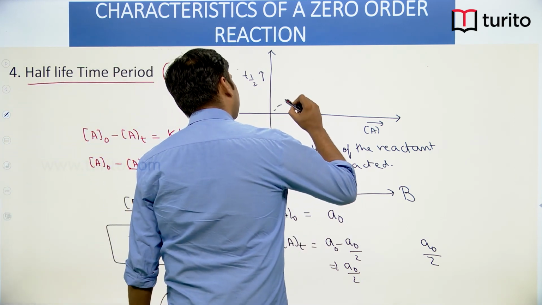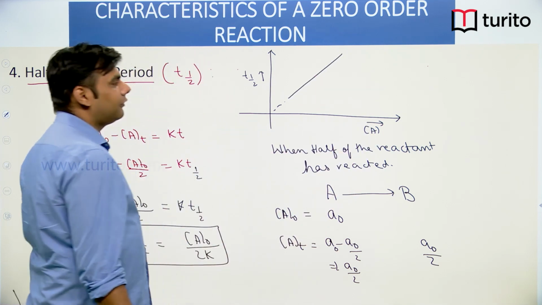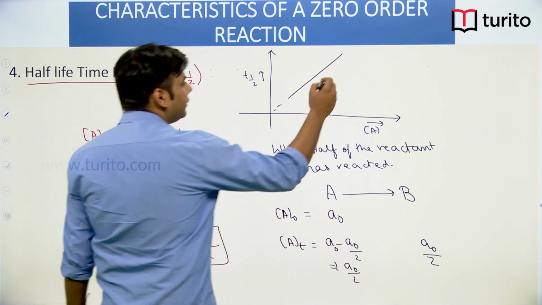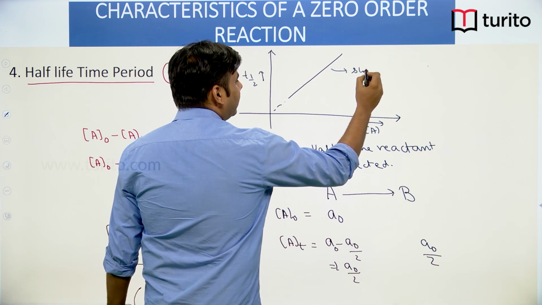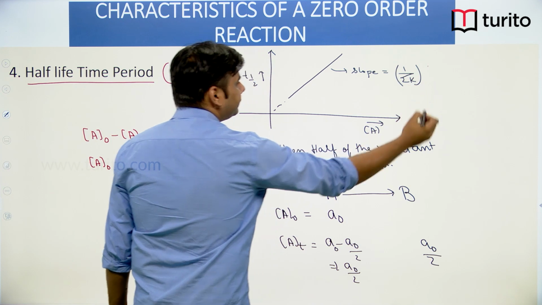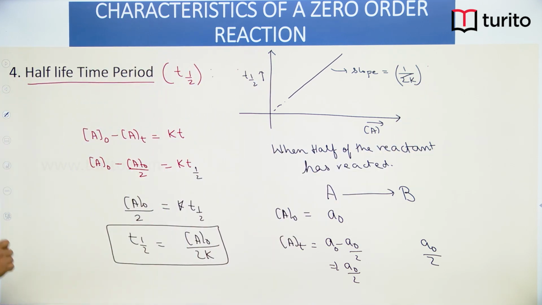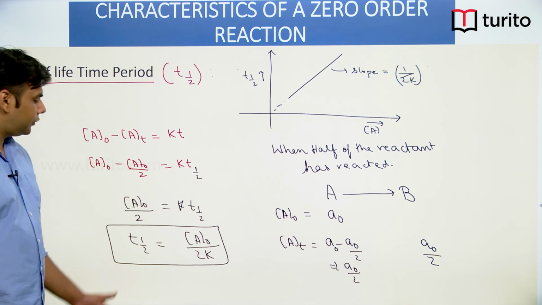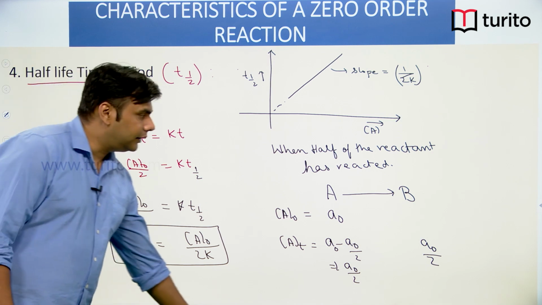This would be the graph, and the slope of this would be 1 by 2K. I hope this is clear to everyone. So T half is equal to A naught by 2K.